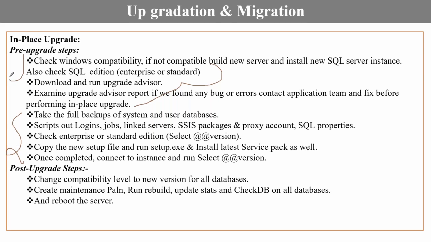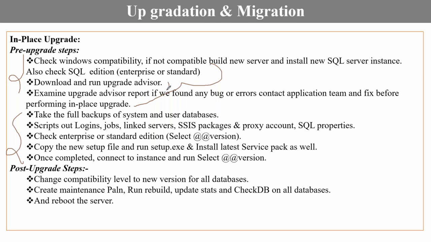These are the pre-upgrade steps you need to perform so that your upgrade will go smoothly. Because if you are not performing all these steps beforehand, and you created a CRQ and it got approved for Saturday, but you missed these three steps, then you created a CRQ, it got approved, and you started the activity.